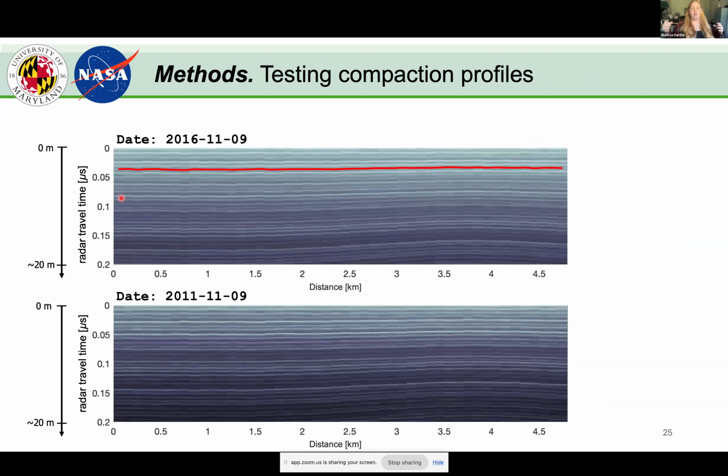And then below it is from 2011. So essentially, if we took the 2011 echogram and squeezed it variably and placed it exactly on top, right where this red line ends, that would be the layers that correspond to one another, and anything above it would be the new snow accumulation that's since fallen between the two periods of time.